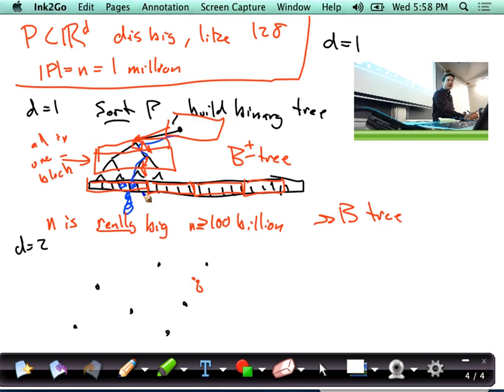We'll get to that. But in 1D, the nearest neighbor was just a set of points, and it's either the one on the left or the one on the right. It was pretty simple. In 2 dimensions and higher, what you can build is some structure called the Voronoi diagram. So that looks kind of like this.